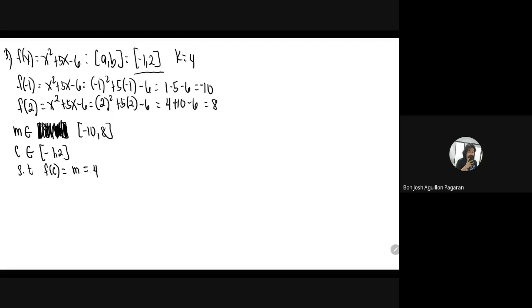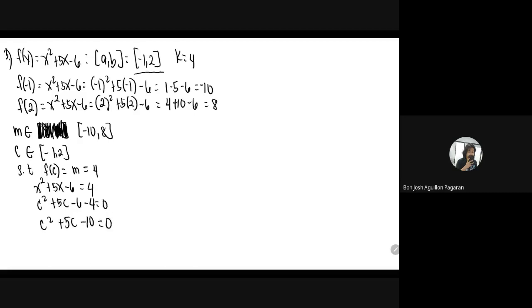So, solving for our value of C, we have x squared plus 5x minus 6 is equal to 4. Change x to C, that's C squared plus 5C minus 6 minus 4 is equal to 0. So that's C squared plus 5C minus 10 is equal to 0.